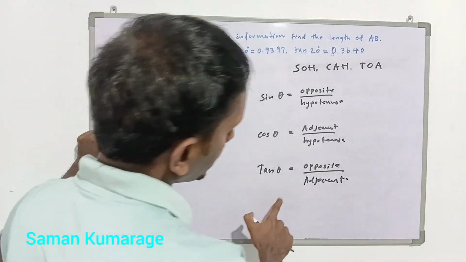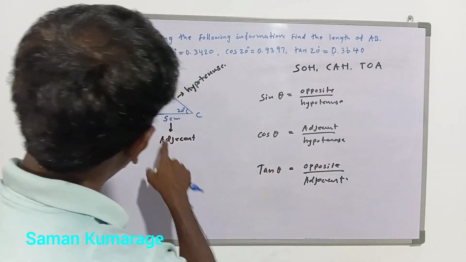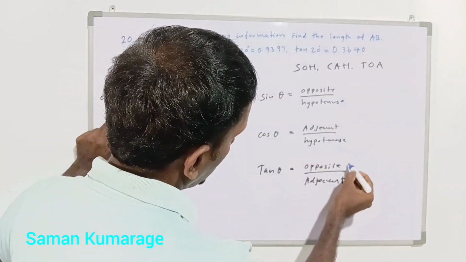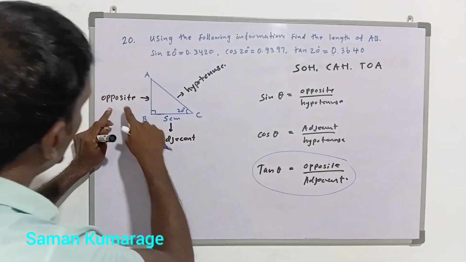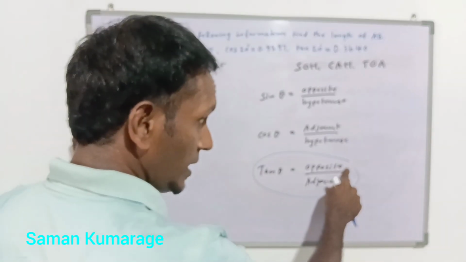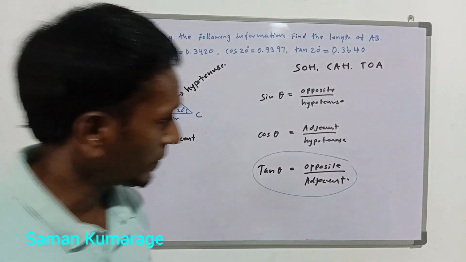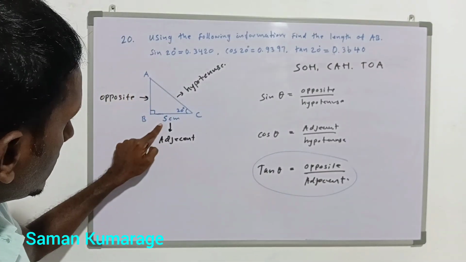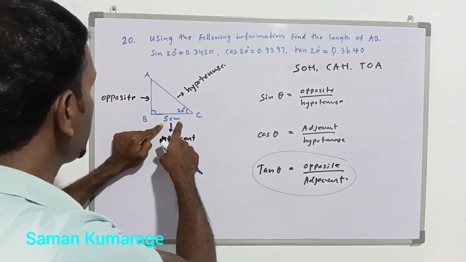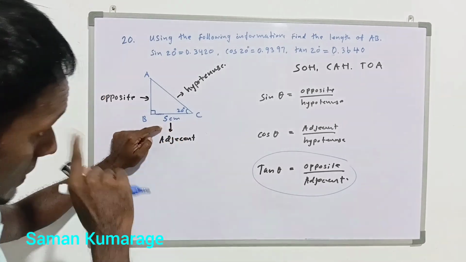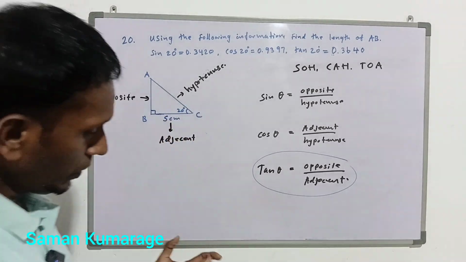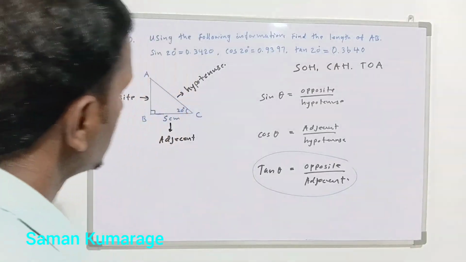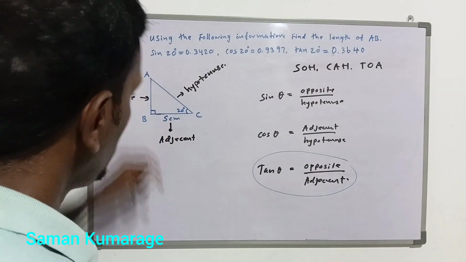So in which ratio are both adjacent and opposite sides given? In the tan ratio, the opposite side is the side we need to find, and the adjacent side is the side that they have given the value of. Now using this tan ratio we can find the length of AB.